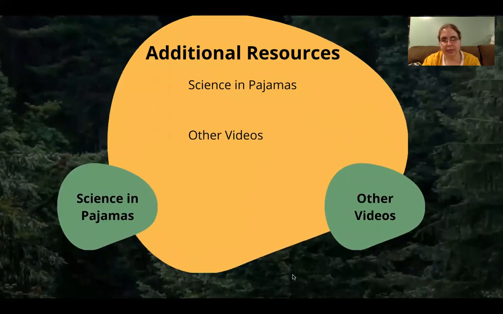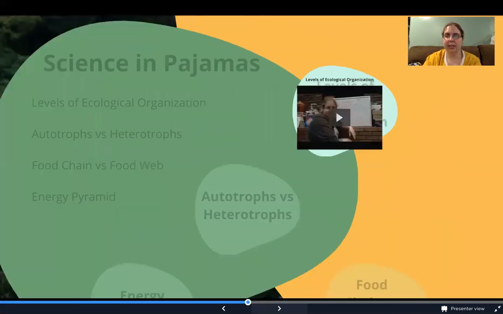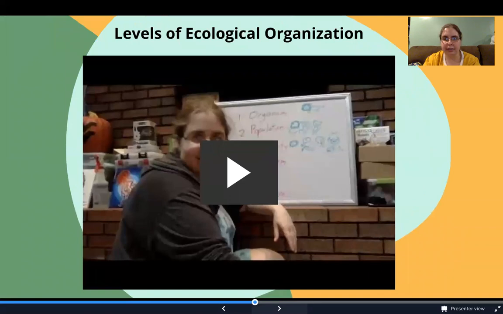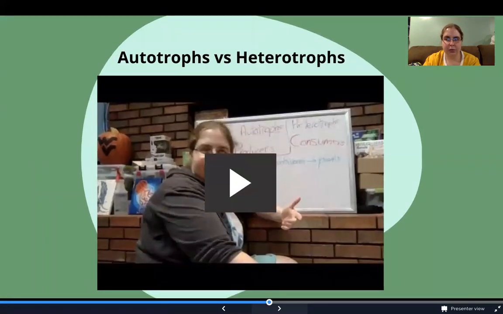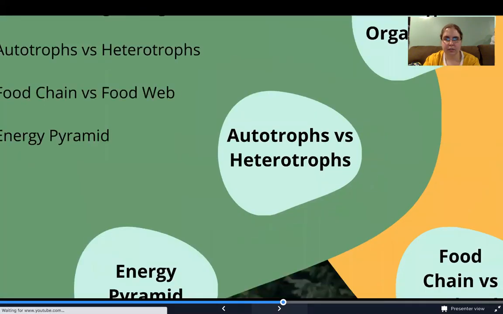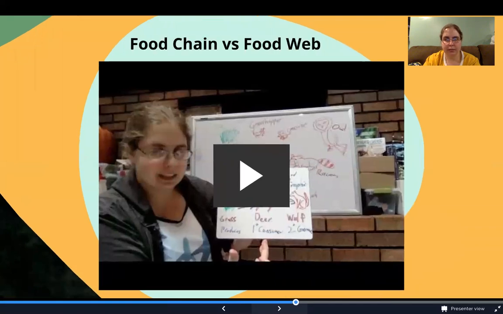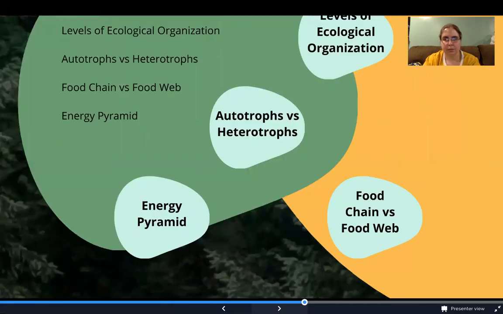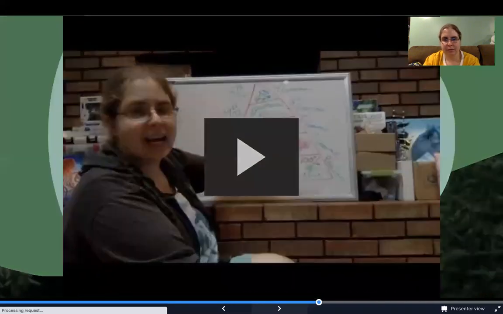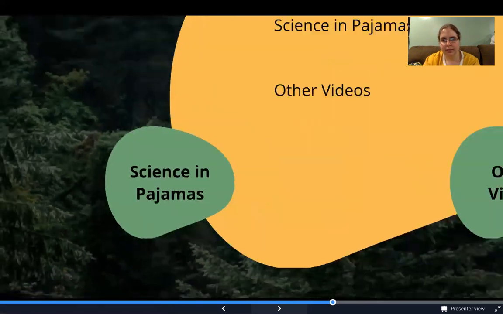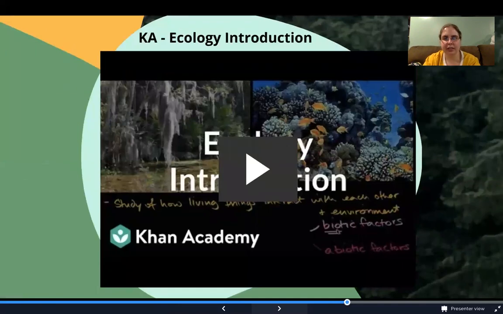All right, so additional resources. We have Science in Pajamas looking at the levels of ecological organization. We have autotrophs versus heterotrophs. We have food chain versus food web. And we have energy pyramid. Alrighty. Now, in terms of other videos, we have Khan Academy Ecology Introduction.